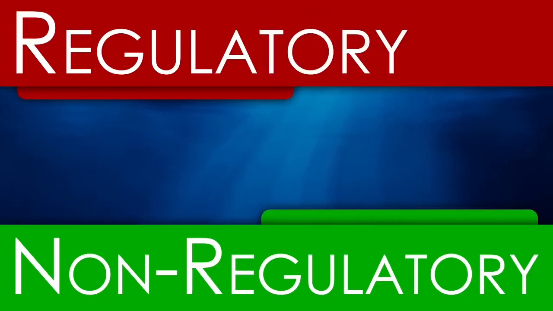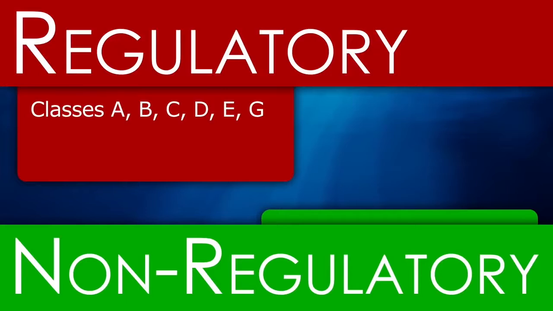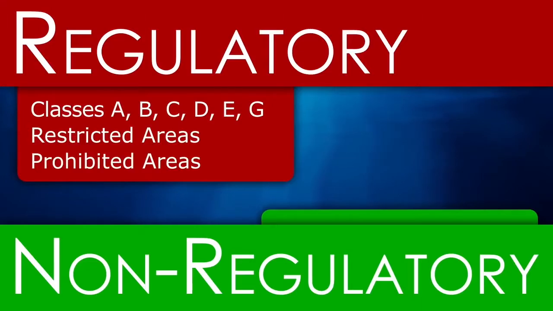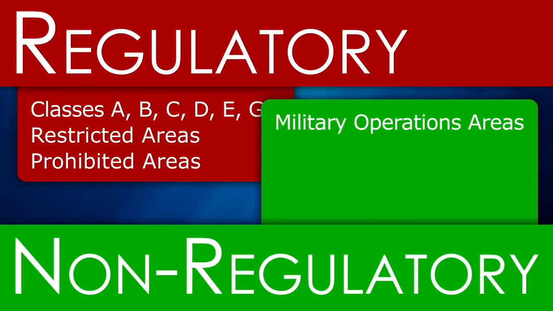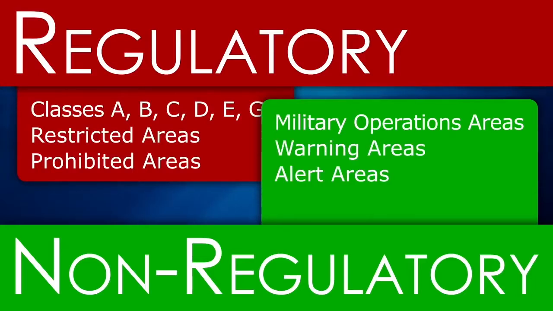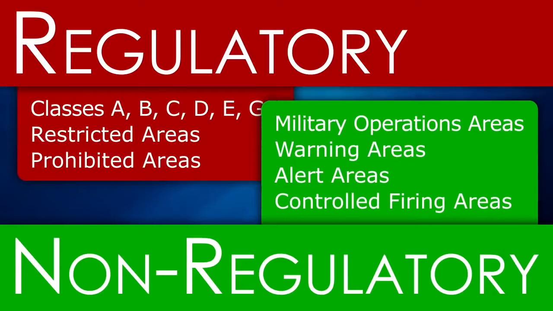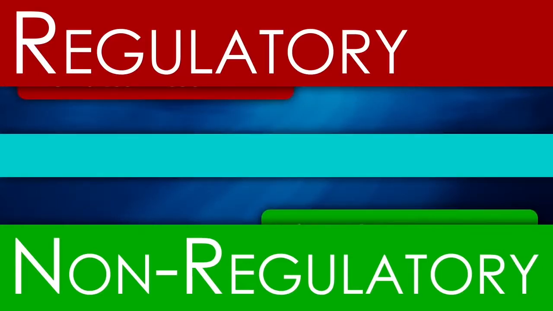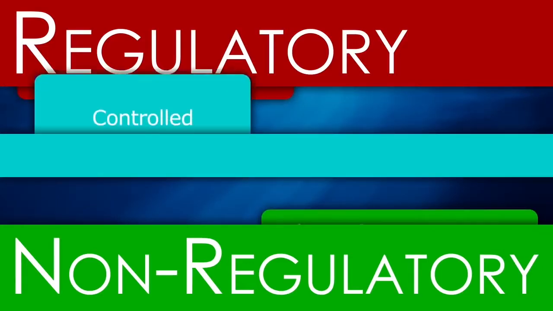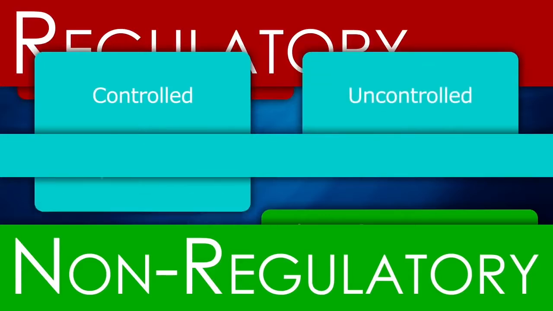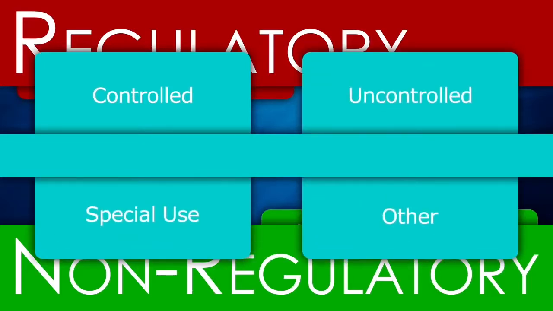Regulatory airspace consists of classes A, B, C, D, E, and G, restricted areas, and prohibited areas. Non-regulatory airspace consists of military operation areas, or MOAs, warning areas, alert areas, and controlled firing areas. Within these two categories, there are four types: controlled, uncontrolled, special use, and other airspace.